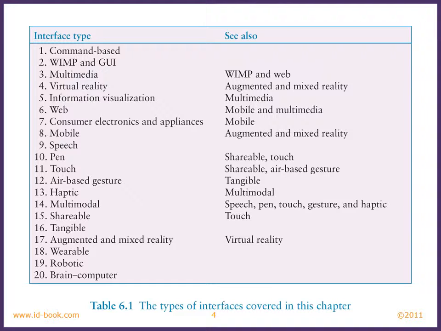For example, a smartphone can be considered to be either mobile or touch. Table 6.1 in your textbook, which is being presented in this slide, suggests which interfaces are related or have design issues in common.